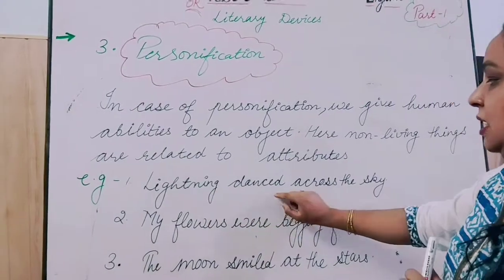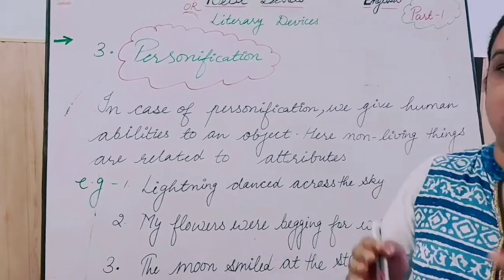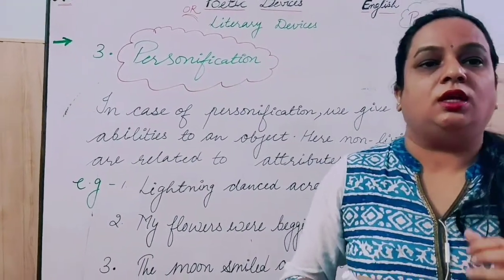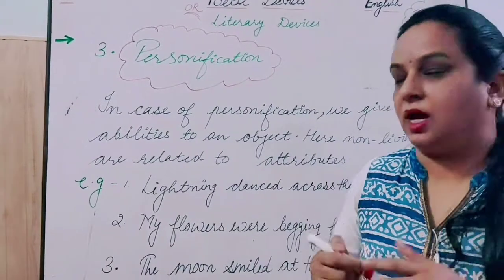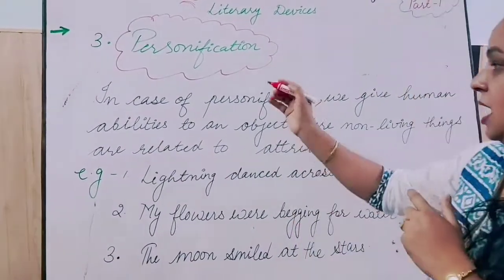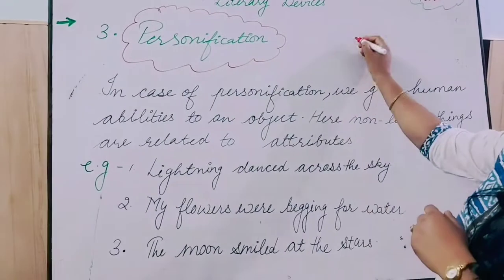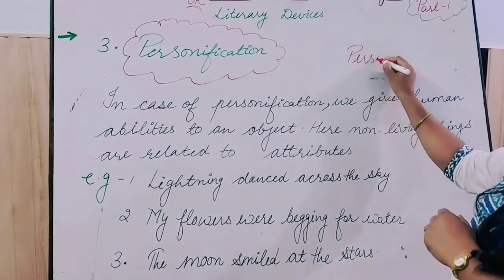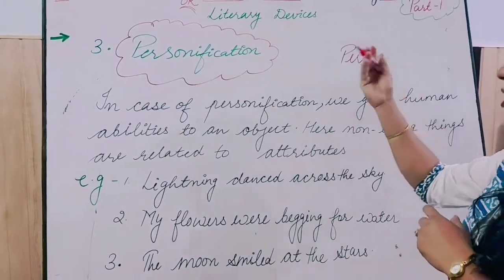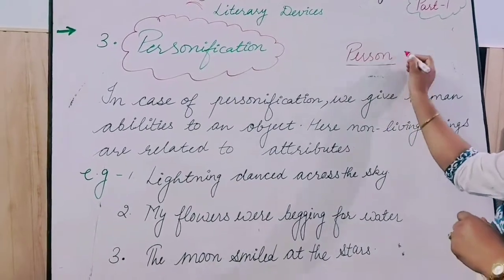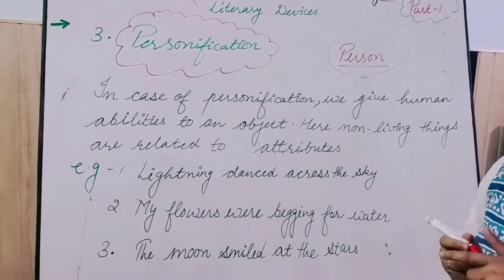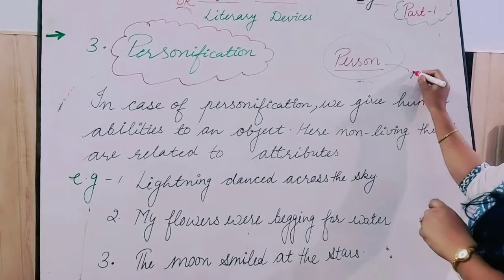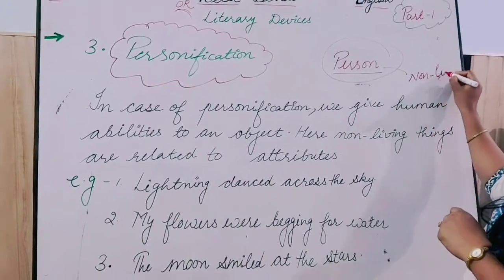So lightning danced across the sky. Here we need to understand that who dances? Persons. As it is personification, the things which the persons do, those qualities are given to the non-living things.